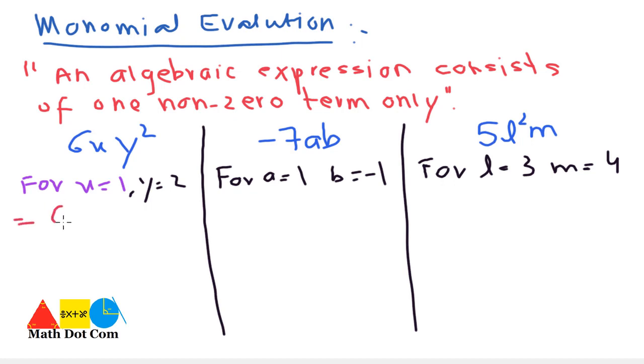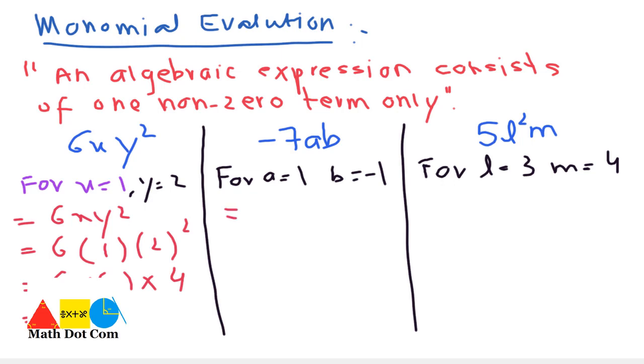We will write 6xy square. Put the values x is equal to 1 and y is equal to 2 square. Evaluate the square: 6 into 1 into 4, it will be 24. So this is the simplified form of this monomial expression.